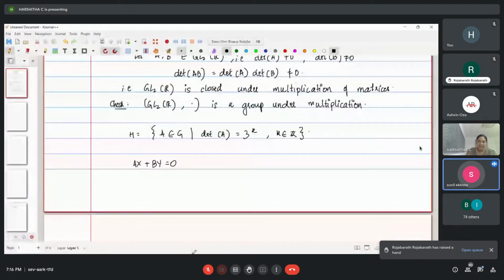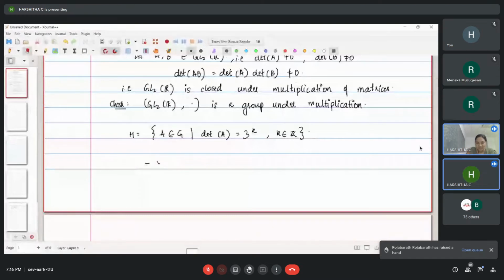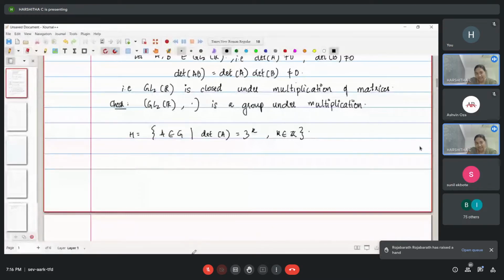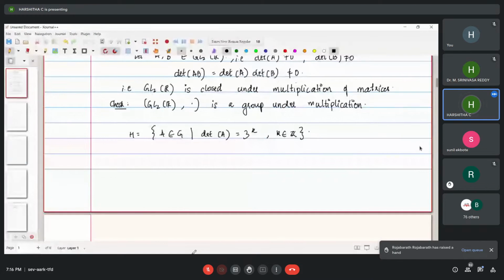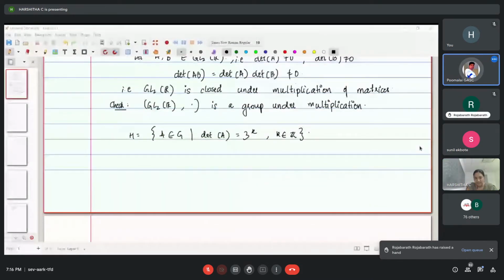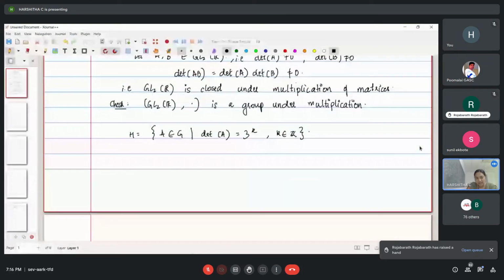A and B are elements in H. Okay. So if you want to check, if A and B are two matrices in H, then AB inverse belongs to H. Yeah, that's right.